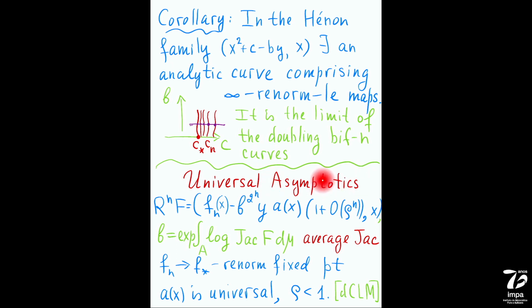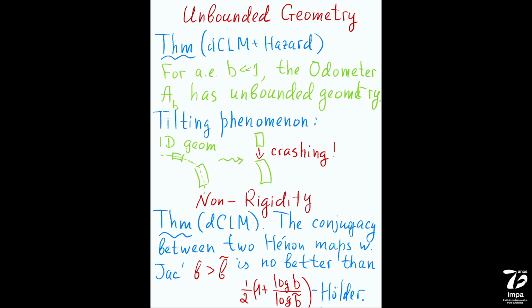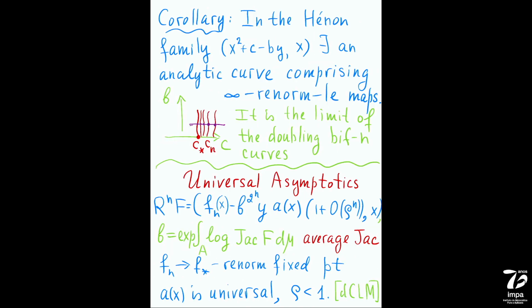Here is the result of this type, so that we have pretty good understanding of the shape of this n-fold normalization of our map. First of all, it has one-dimensional approximations, F_n, which converge exponentially fast to the normalization fixed point. Then we have this b to the n, where b is the average Jacobian, our main geometric parameter today.